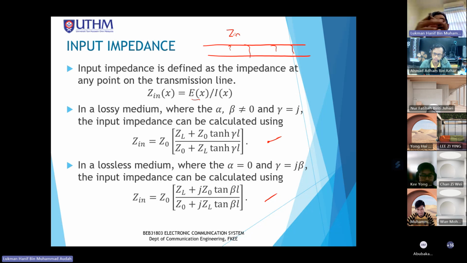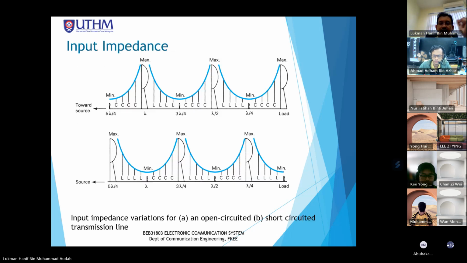This is also a good topic where the student will learn how to find the input impedance using the given Smith chart, the round chart. But other than using the chart, we can use this specific formula to calculate the input impedance.